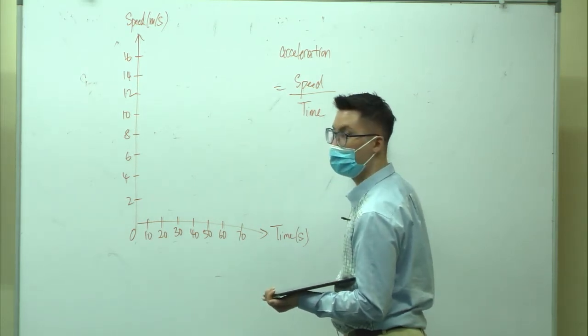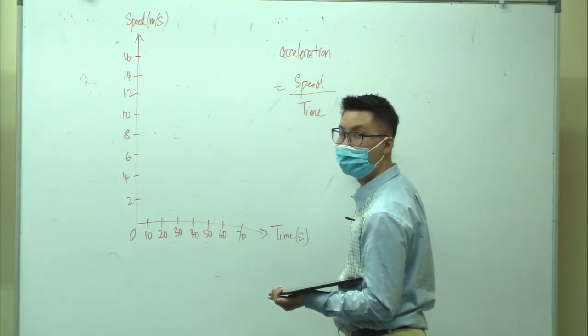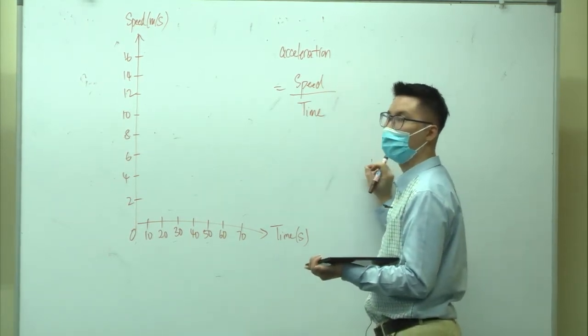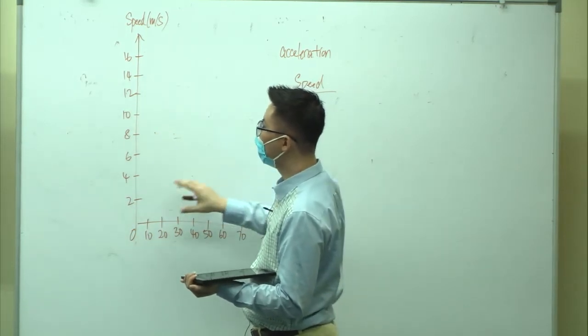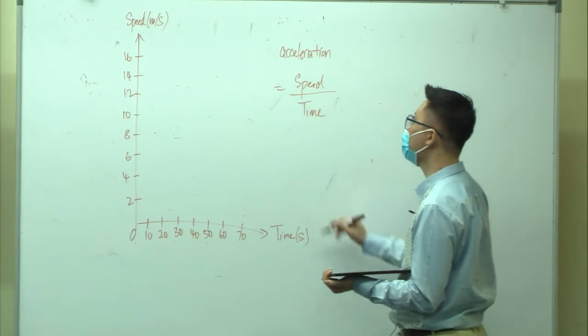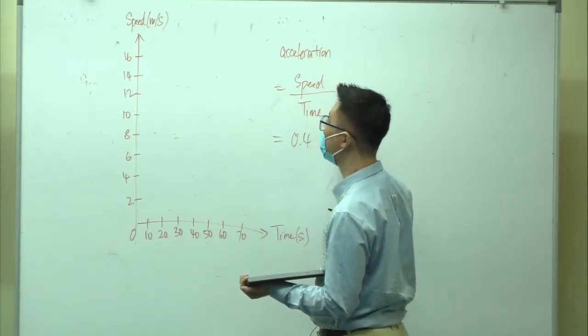How do we measure the gradient? The vertical height over the horizontal width. The vertical height here will be the speed, and the horizontal width will be the time. And this must be equal to 0.4, right?